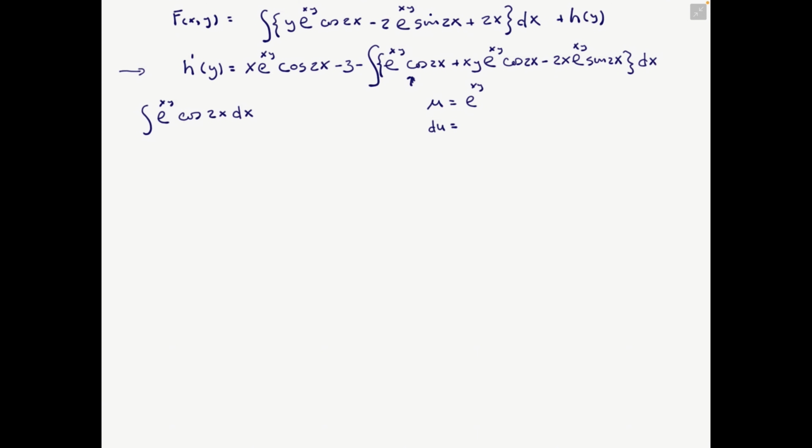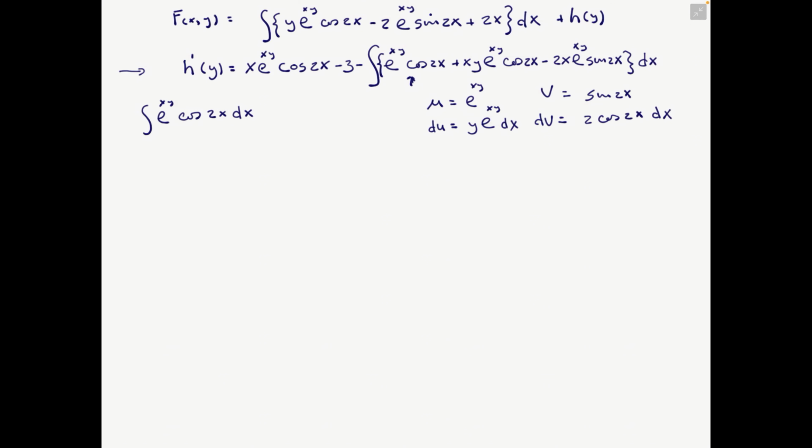Okay, so we take each little piece at a time. And we're looking at this first piece right there. We break it up into an integration by parts.